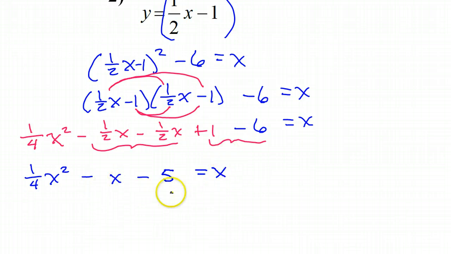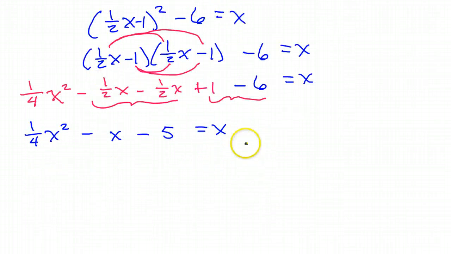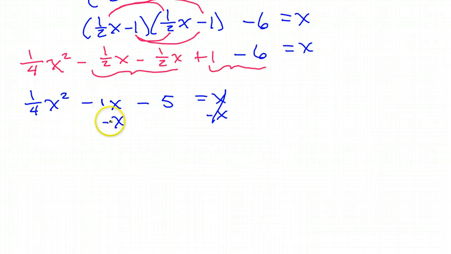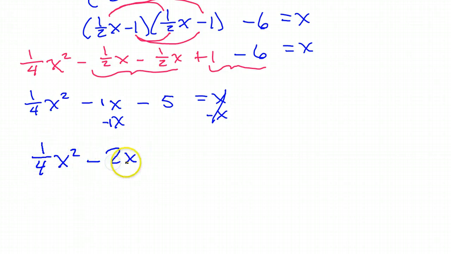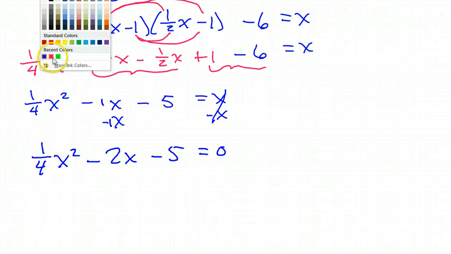Now you see we have these x's on both sides, so let's get those together by subtracting x from both sides. Kabam. Alright, so this is like negative 1 and negative 1, so that's negative 2. So I've got 1/4 x squared minus 2x minus 5 is equal to 0. Now it's time to get rid of this fraction, which has been bothering me the whole time.